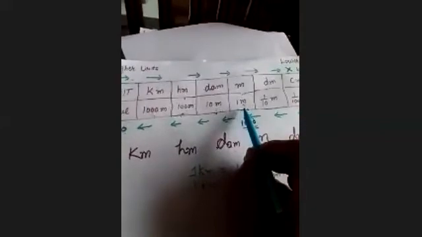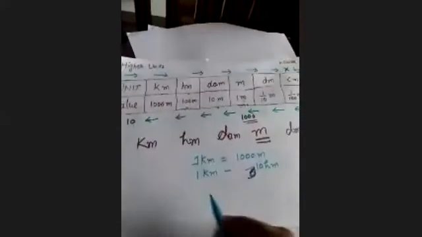Next, when we convert lower unit into higher unit, we will divide by 10 for each box. Now, opposite. If we convert meter into kilometer, then we will divide by 1000.